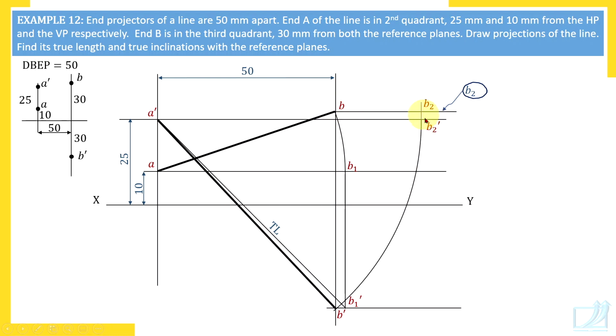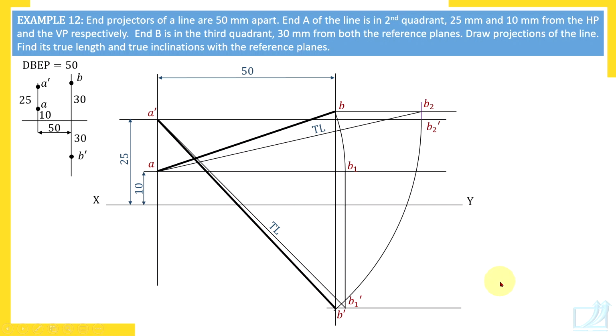B2 and B2 dash lie on a vertical line. That is why you should draw a vertical line through B2 dash up to this horizontal line of B2, and you have found B2. Remove that rough label. Now join AB2. This is the true length. So this is how we have completed the drawing.